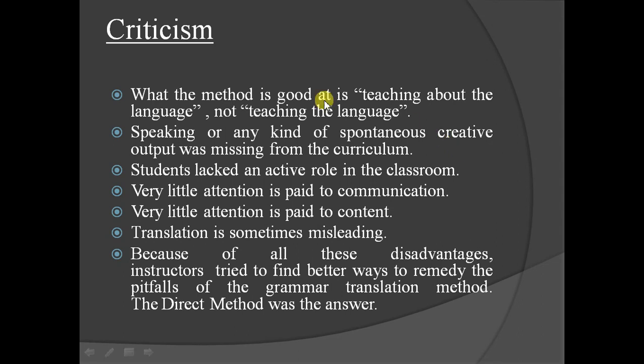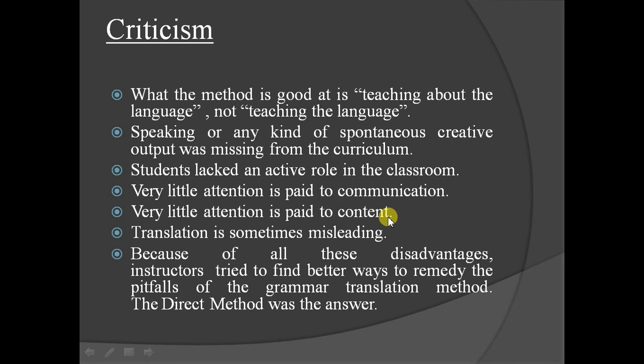The next was that students lacked an active role in the classroom, because students were not supposed to use the target language. Teaching and communication is normally done in the mother tongue in the grammar translation method. So the active role of the student was missing. Very little attention is paid to communication, the same thing that we have discussed earlier, that we do not use the language for communication. And then very little attention is paid to the content.